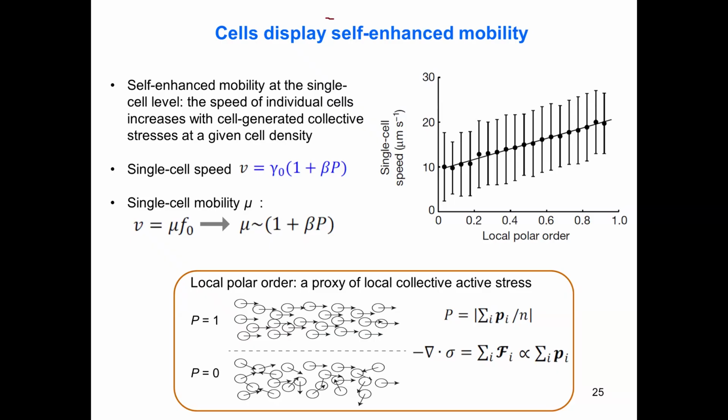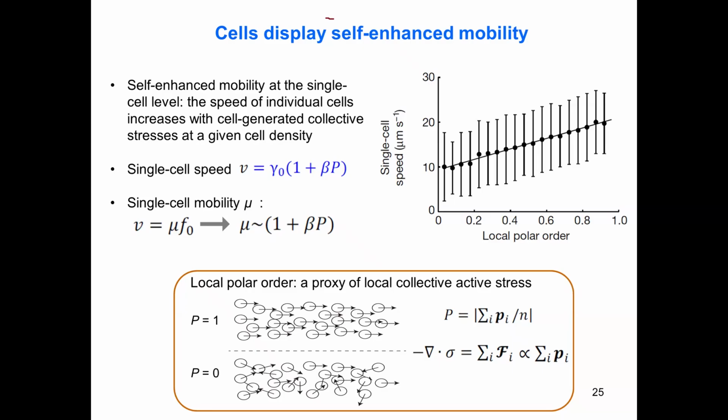We could interpret it as the fact that individual cells' mobility is enhanced by the collectively generated active stress due to the movement of local neighbors, since the polar order is a proxy of local collective active stress.